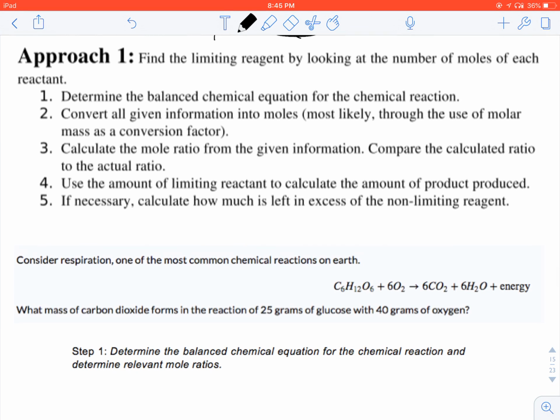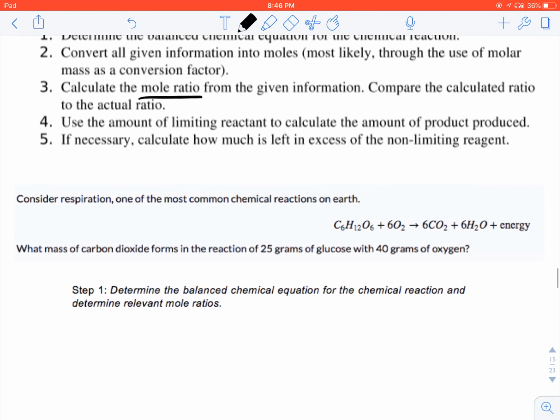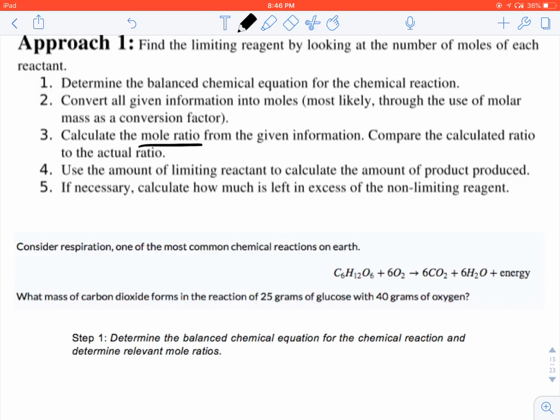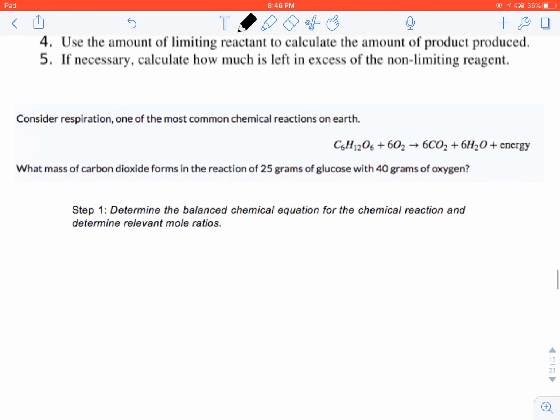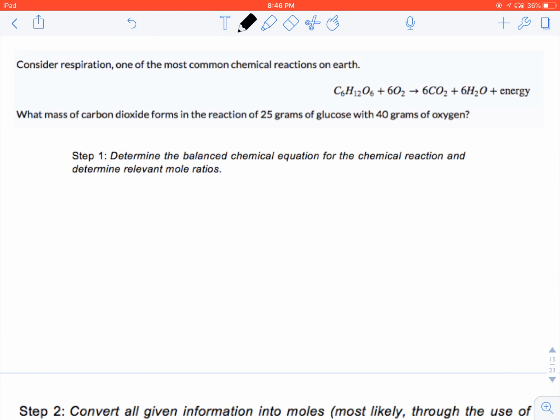So you'll see the difference between those two once we get through this lesson. Now, in this first approach, we want to find the limiting reagent by looking at the number of moles of each reactant. Okay, so we're going to compare the mole ratios that we know from the balanced equation to the ratios that we actually have given in the question.